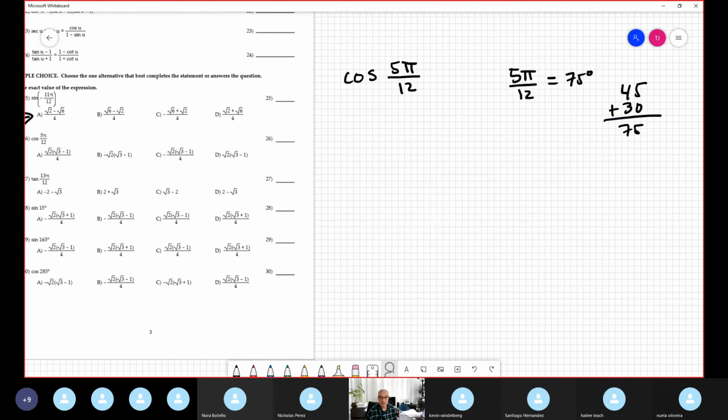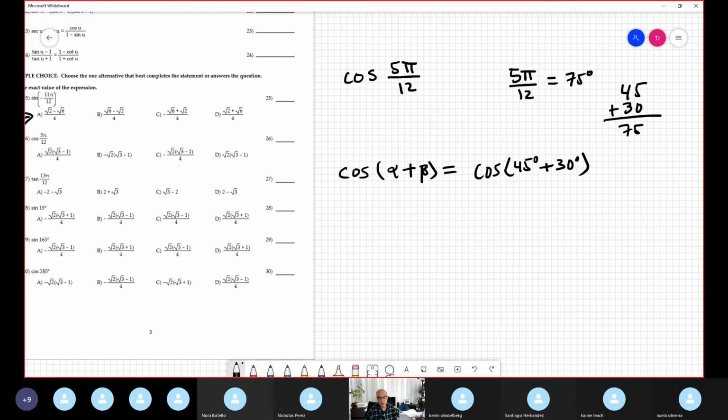And the cheat sheet has one formula, cosine of alpha plus beta. Who is alpha, who is beta? In our example, cosine of 45 plus 30, which is 75. It doesn't matter the order because it's plus.